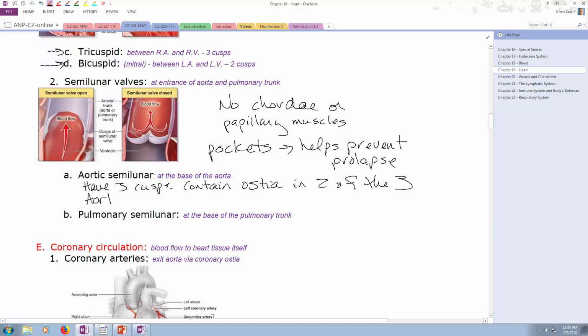And of course, aortic valves control flow of blood into the aorta.